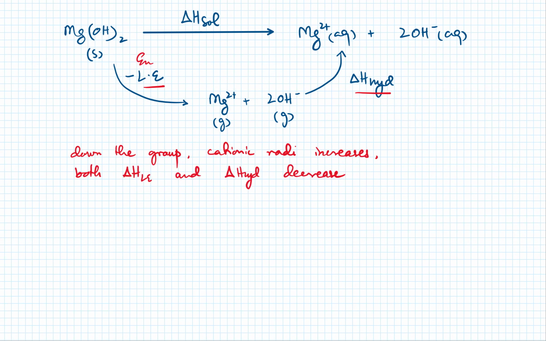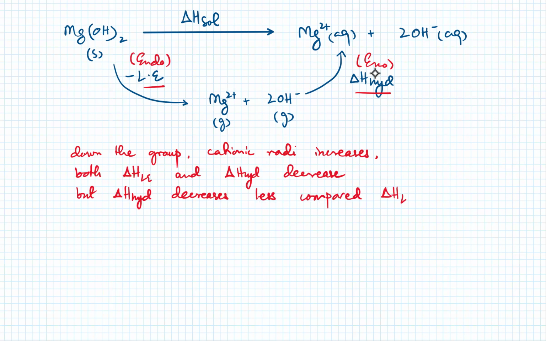One part is endothermic and the other part is exothermic, and they're both decreasing. But since it's becoming more soluble, the exothermic part is relatively bigger compared to the endothermic. So your enthalpy of hydration decreases less, compared to the other one, your delta H lattice energy.